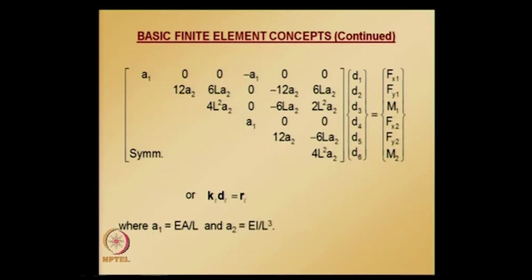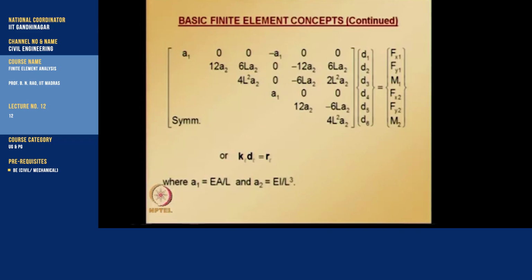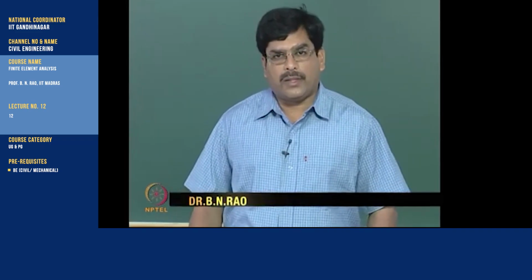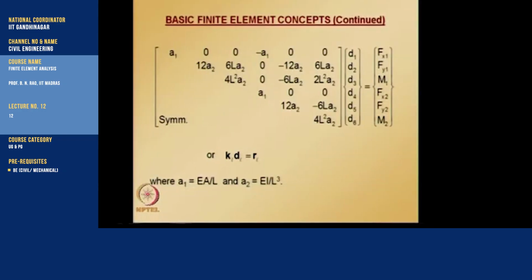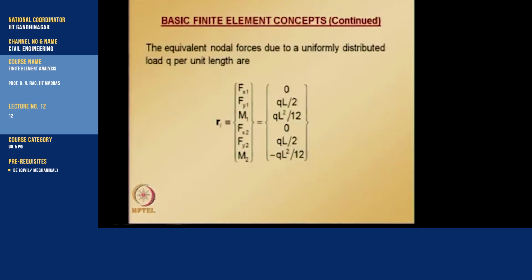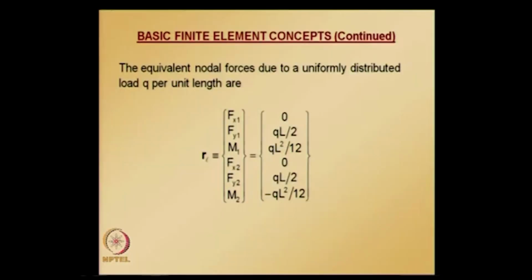When a frame element is subjected to a uniformly distributed load acting in the transverse direction and with no axial forces, the equivalent nodal vector is similar to what we have for a beam element, except that the locations corresponding to the axial forces are equal to 0. The rest of the components are similar to what we have for a beam element. So, the equivalent nodal forces due to a uniformly distributed load of Q per unit length is given here.